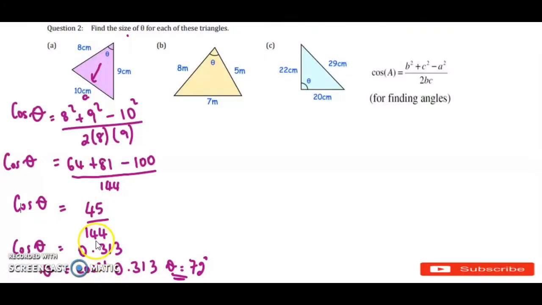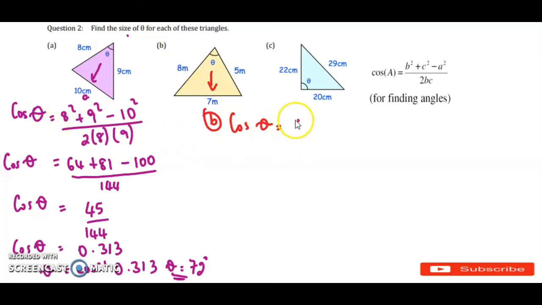We are now going to look at B. We're going to use the same formula. So we have cos theta is equal to, remember that the side directly opposite from the angle is the 7 meters, so the angle is directly across from the 7 meters.